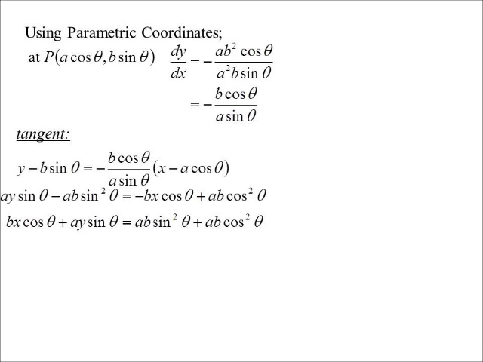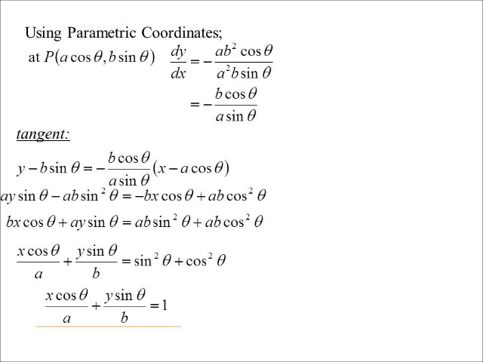Same idea, anything that has an x and y I've left on the left-hand side, everything else on the right-hand side. But have a look at the right-hand side. There's ab sine squared plus ab cos squared. So that's just ab. Or I could divide by the ab and leave it with sine squared plus cos squared, whichever. Sine squared plus cos squared is 1. And there is x cos theta on a plus y sine theta on b is equal to 1.